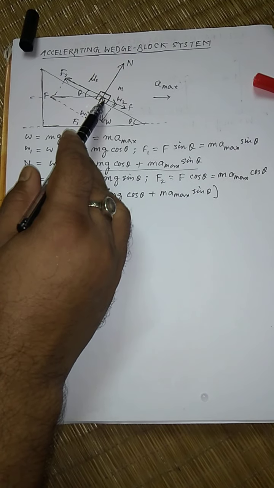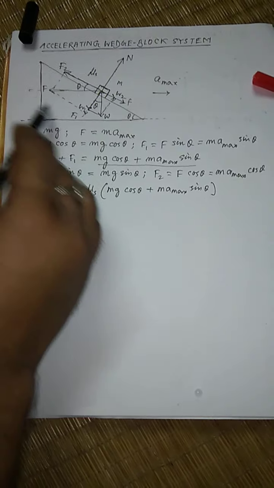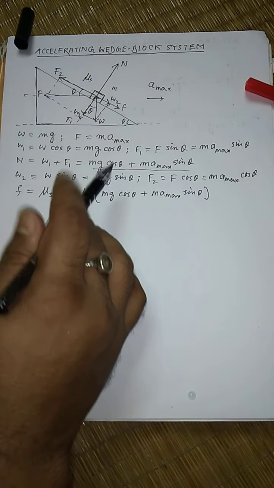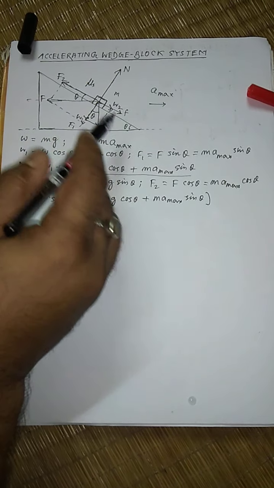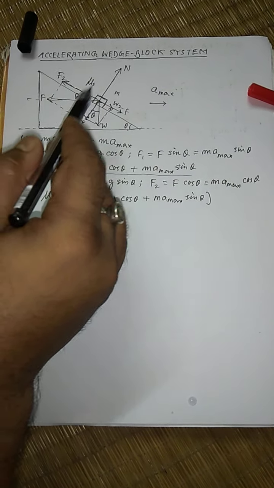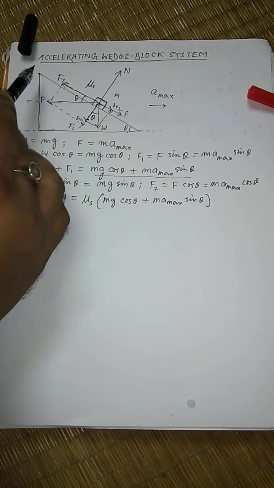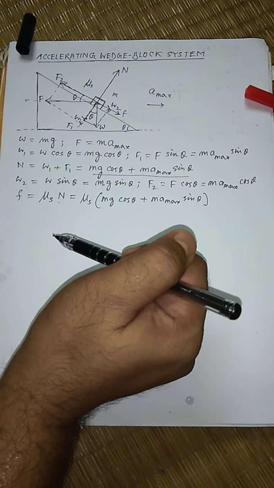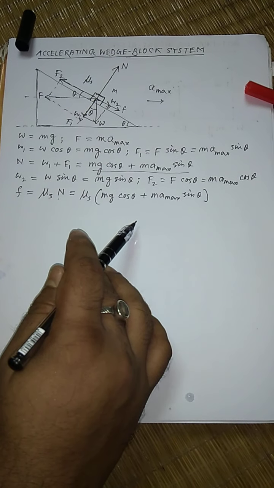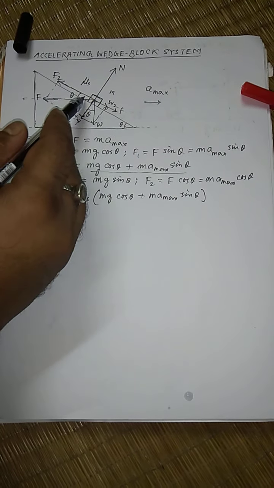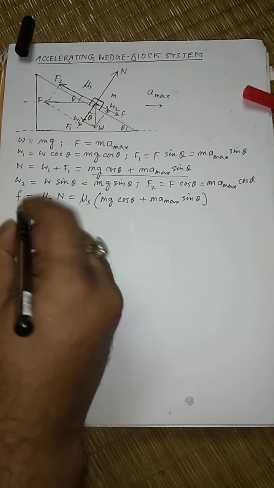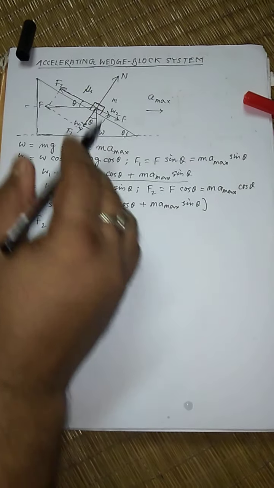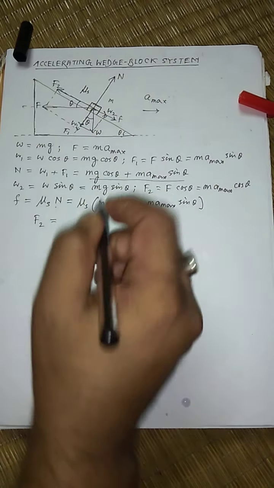Since the block is stationary relative to this wedge, we can say that all the forces and the components of the forces acting on the block along this inclined surface are in equilibrium. Thus, we can say that F2 is equal to the sum of W2 and f.